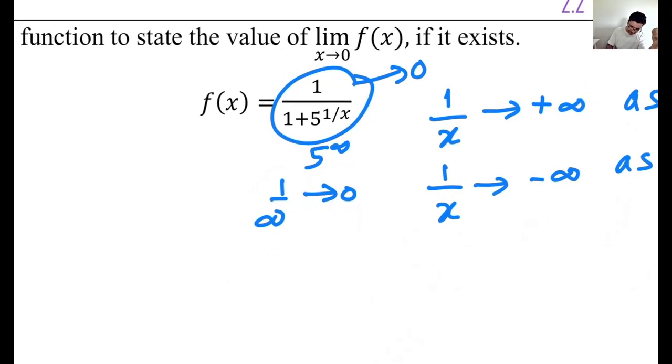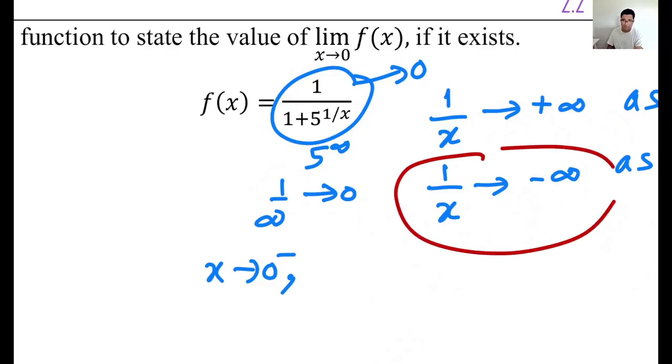Whereas if you approach from the left, when x approaches 0 from the left, you will have 5 to the negative infinity. Check this out. And when you take a negative infinite power of a number, the result is 0. That is like 1 over 5 to the infinity. So that result is 0.